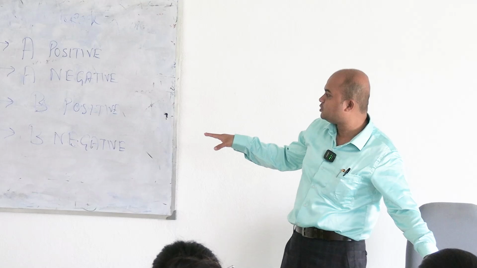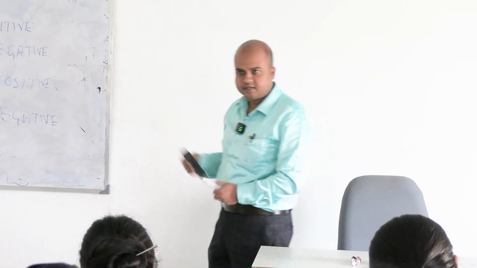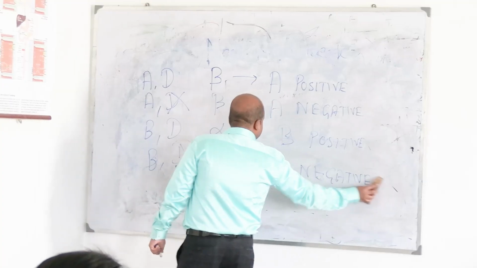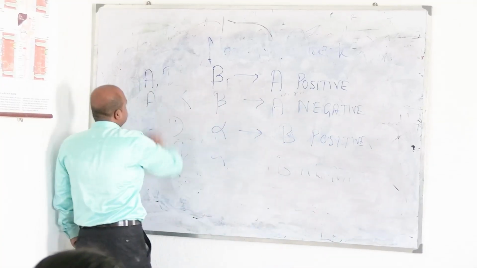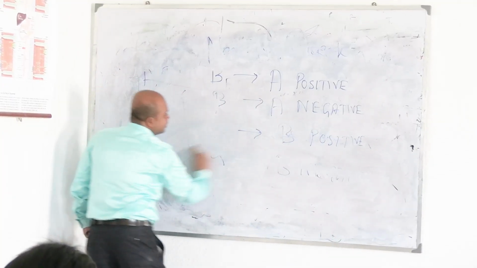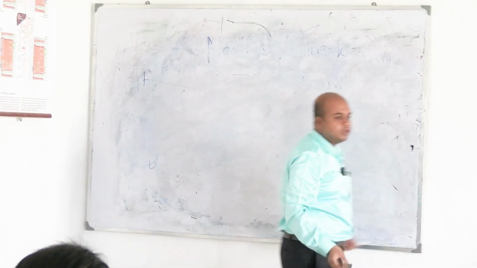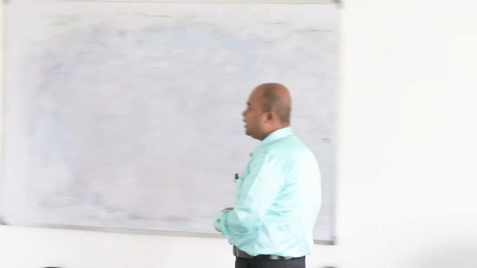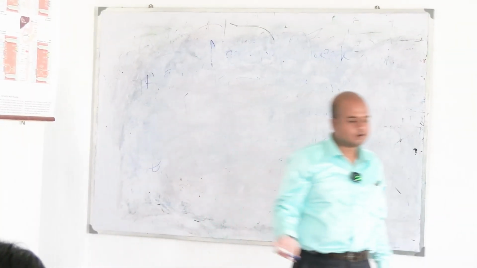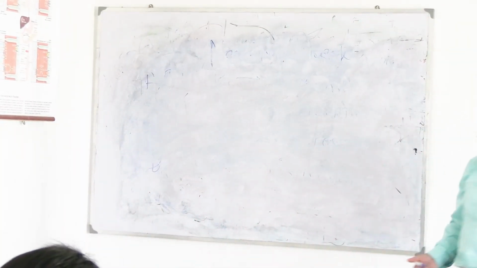Right, this is very simple. Without the presence of D Rh antigen, it is negative. With the presence of Rh antigen, it is positive, and the rest is according to the presence of A or B antigen and alpha and beta antibody. If A is present, alpha can't be present; if B is present, beta can't be present.